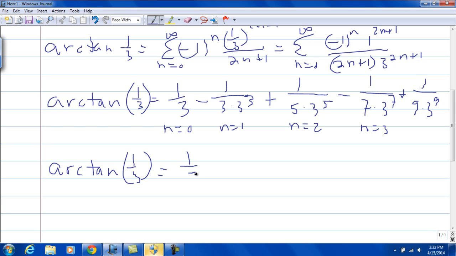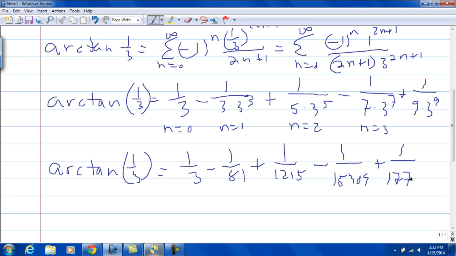We're going to have 1/3 minus 1 over 81 plus, now this is 3 to the 5th times 5, so that's going to be 1 over 1215, minus 1/15309, that's pretty small, plus 1/177,147.